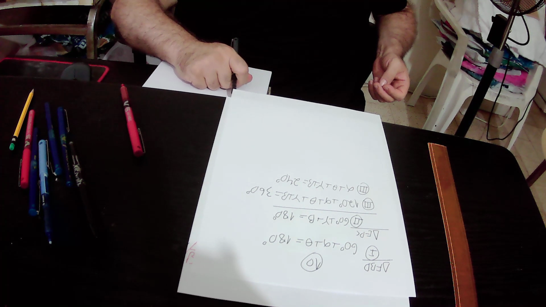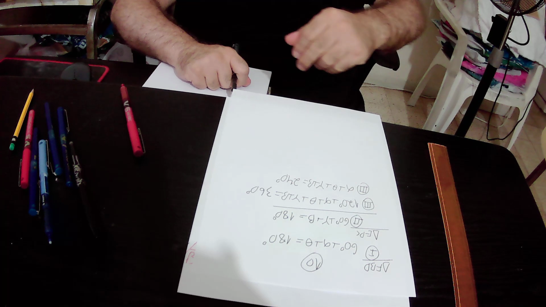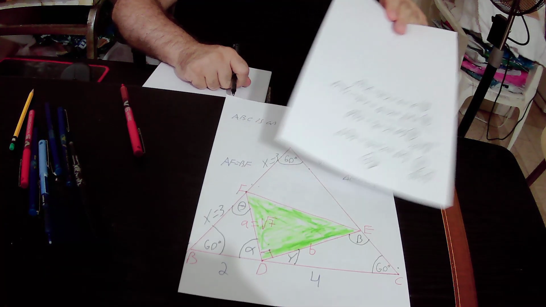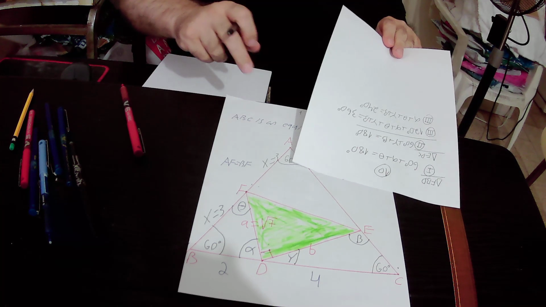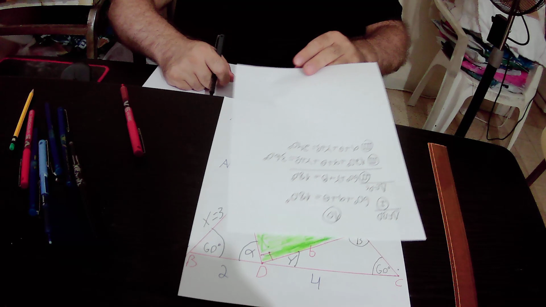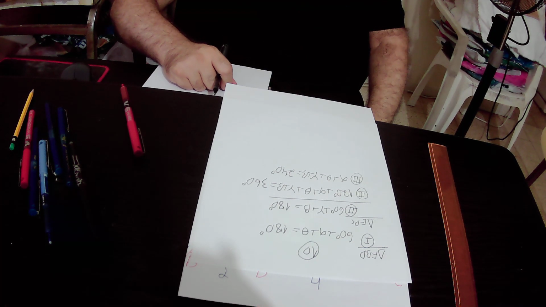So we got in equation number 3 that the sum of all the angles, actually of the two triangles, alpha plus theta plus gamma plus beta, equals 240 degrees.